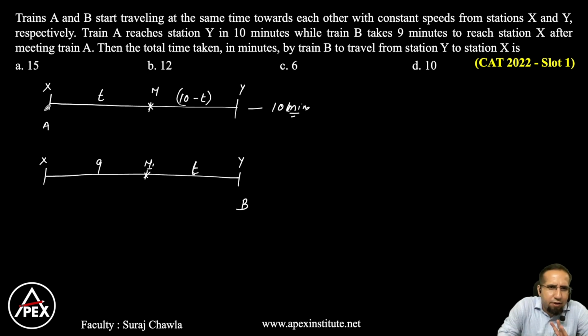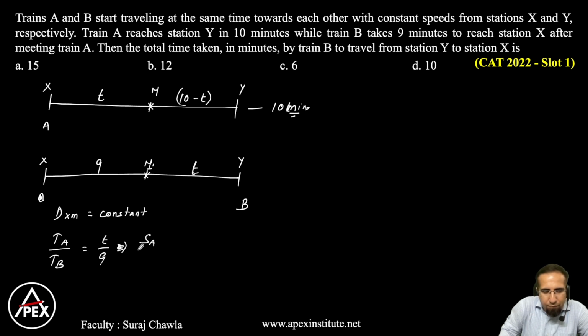Now let's understand the distance XM is constant. Clear? So if the distance XM is constant, so time taken by A divided by time taken by B is equal to T by 9, therefore this implies speed of A by speed of B will be 9 by T, because time is inversely proportional to speed.